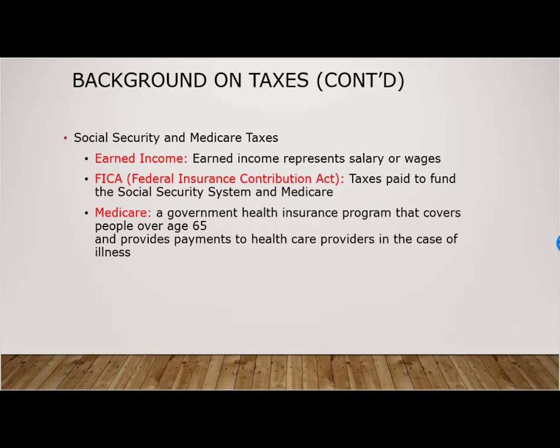Medicare is a government health insurance program for people over 65. So it provides health care to those retirees. Now, it's run by the government, so there are issues with its sustainability, its efficiency, its effectiveness in actually providing health care.